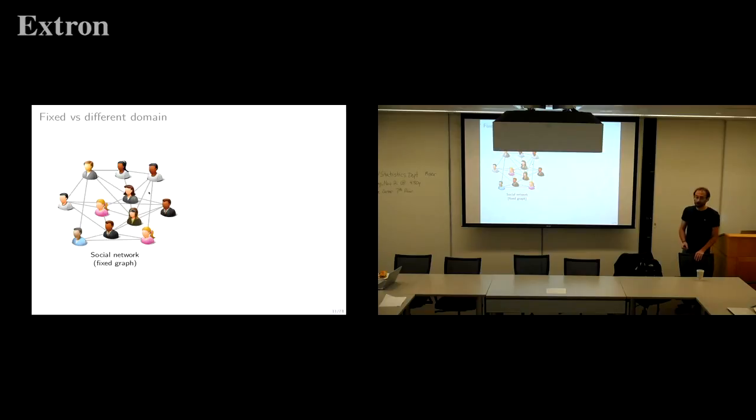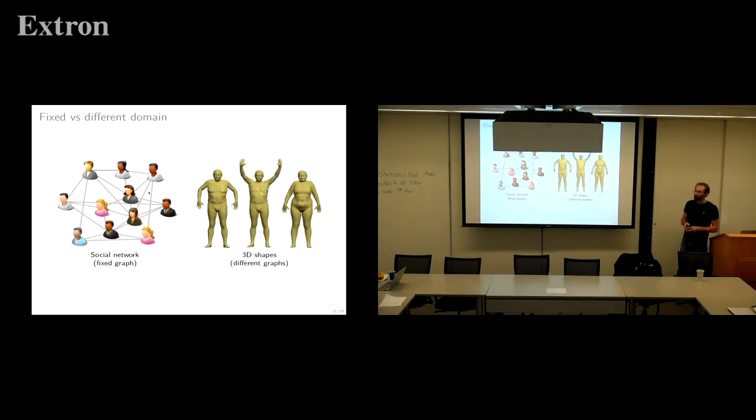Okay, another distinction we can make is whether the graph is fixed or it is changing. Okay, so in the social network analysis, for example, it is reasonable to assume that at least a given snapshot of social network is something that doesn't change in time. Okay, if we consider other applications in computer graphics and computer vision, and I mostly will not talk about it, maybe towards the end if I have time, we cannot make this assumption.